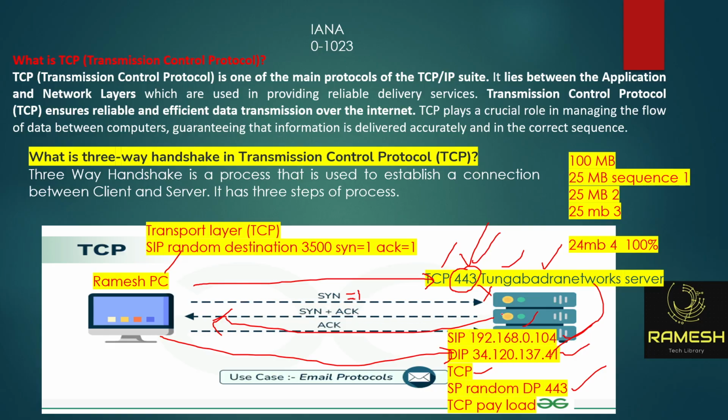Generally you will see this during the three-way handshake process only, because whatever data you want to access, the three-way handshake should be done first. Until you enable the port or configure it and allow traffic to this port, how will the server respond?